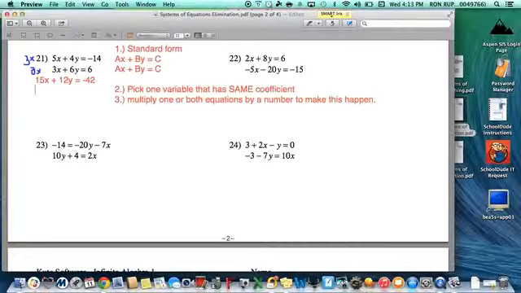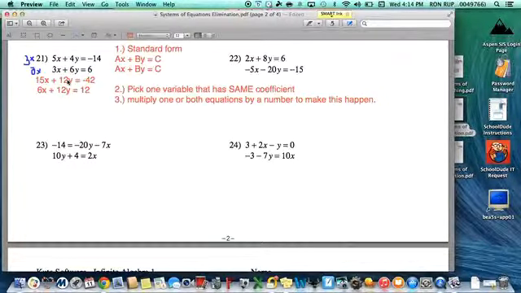Then on the next line, 2 times 3 is 6x plus 6 times 2 is 12y equals 6 times 2 is 12. So now x's are over x's, y's over y's, numbers over numbers, and the y coefficients are both 12. And so that's what we wanted.